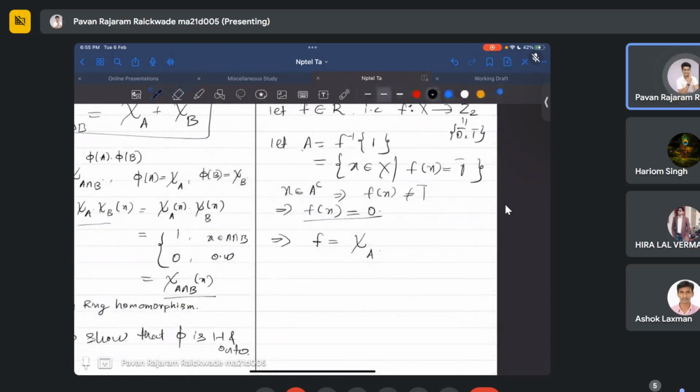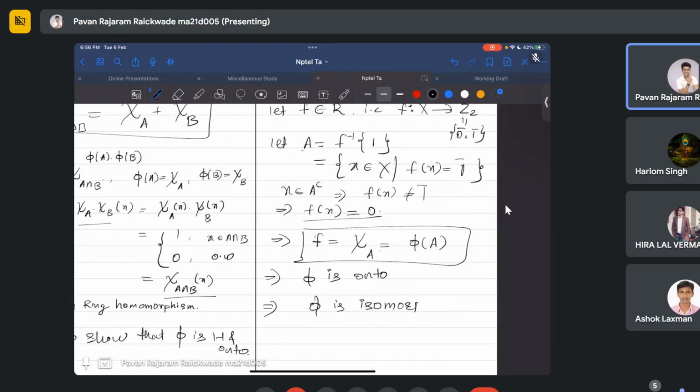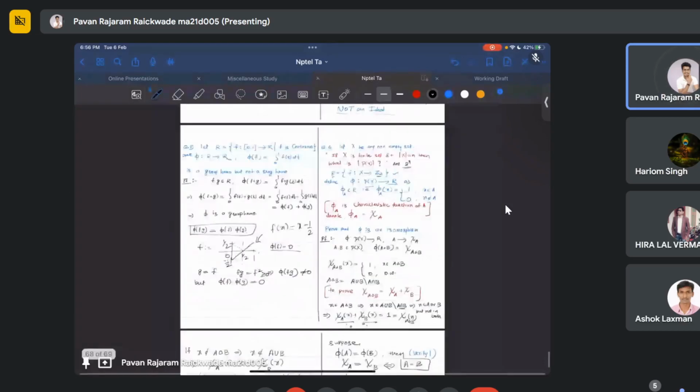Which means this is phi of A. So every element has a pre-image, which means phi is onto. So phi is a one-to-one onto ring homomorphism, which means phi is an isomorphism. Which means the power set of X is isomorphic to R, the set of all functions from X to Z2.